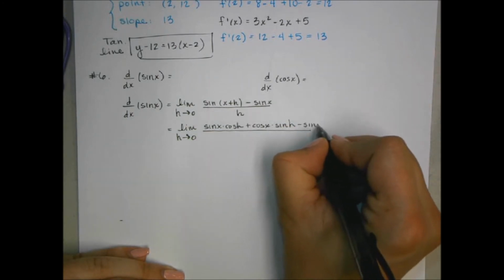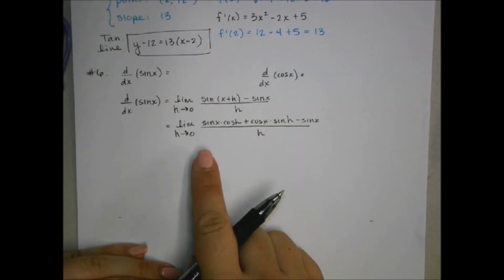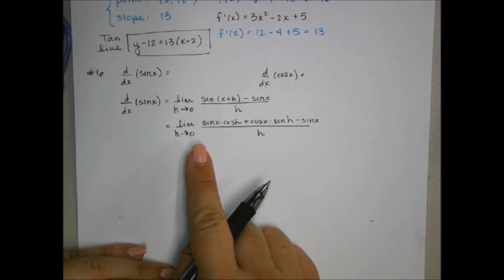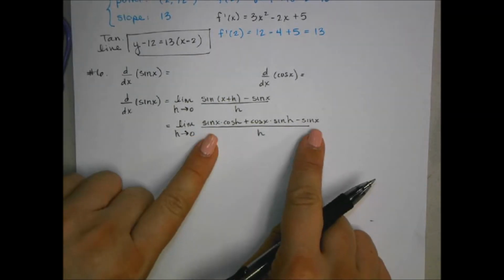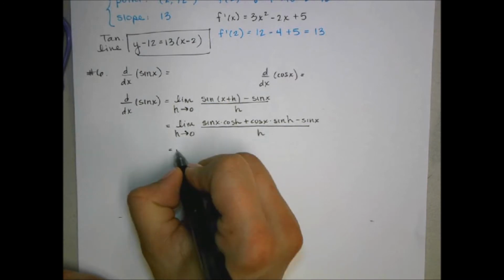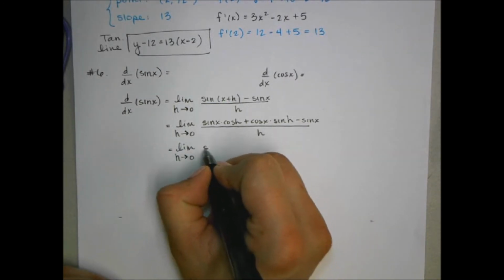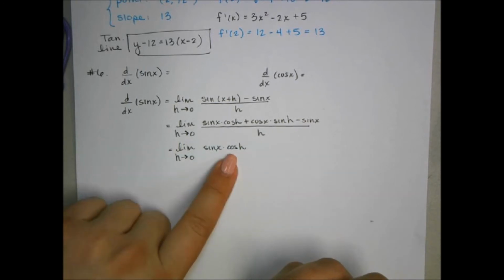all over h. I have three terms on top now. Not all three terms have something in common, but two of them do. Two of them both have a sine x. So I'm going to regroup these two terms here. Sine x cosine h, followed by minus sine x.